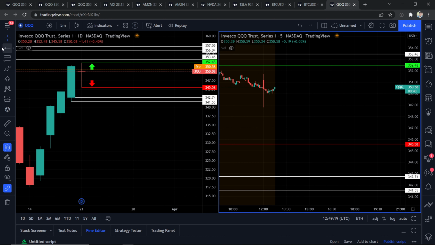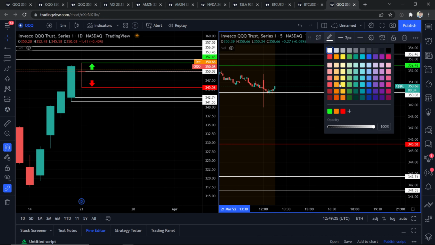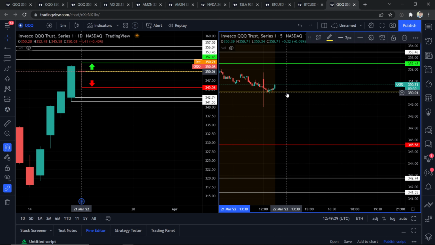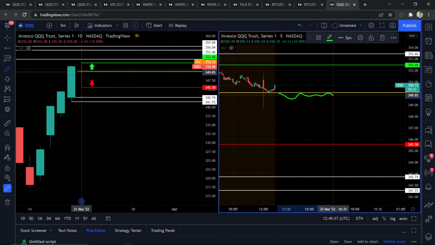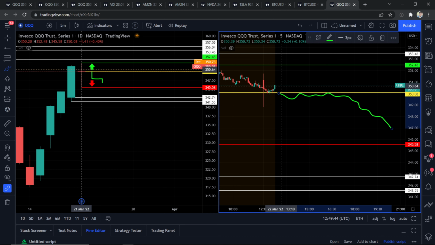But one thing you could do is keep in mind where your close was. Okay, so your close was at 350.08. So anything below the close, if price holds below this closing level here, then the momentum is naturally going to drift it a little bit lower. So that would be kind of a bias that you can have when you're trading the open here.